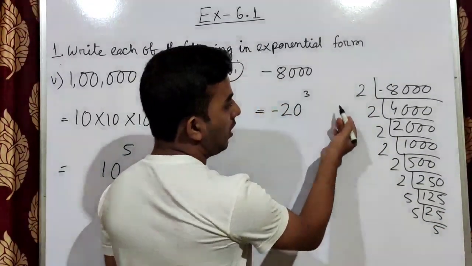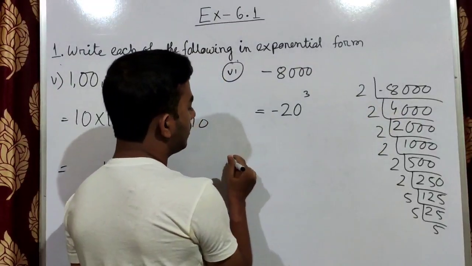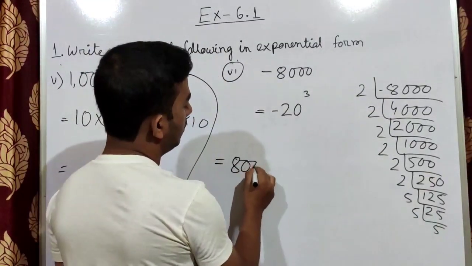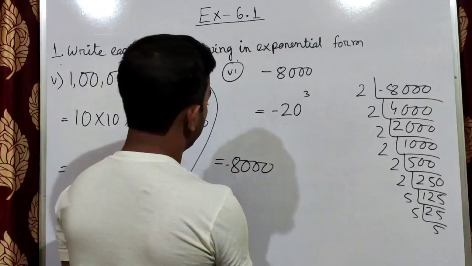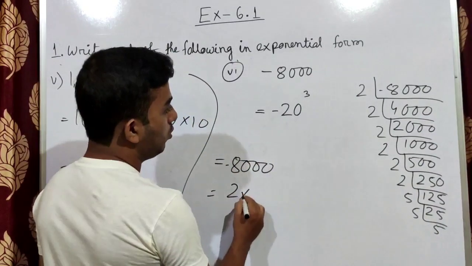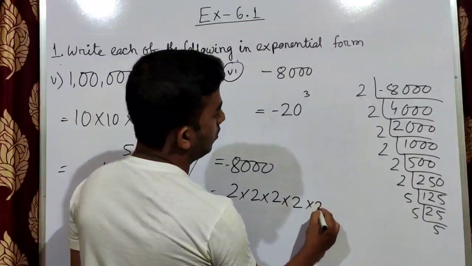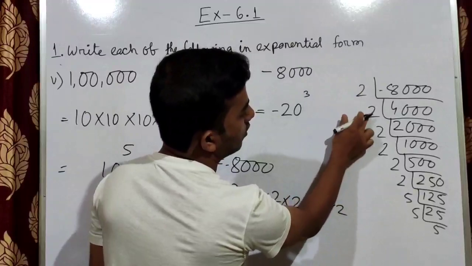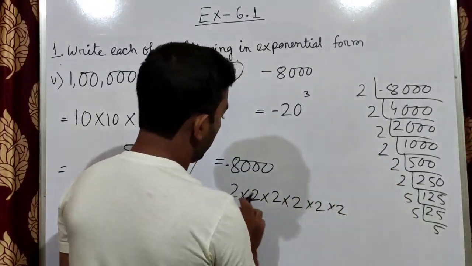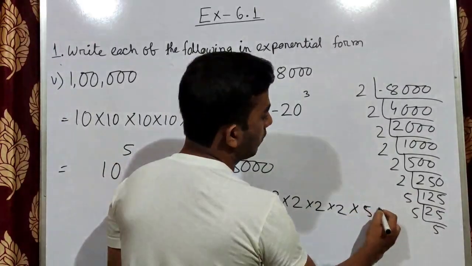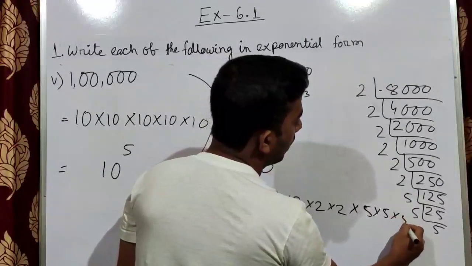Now look, we can write minus 8,000 as 2 into 2 into 2 into 2 into 2 into 2, 1 2 3 4 5 6, then into 5 into 5 into 5.